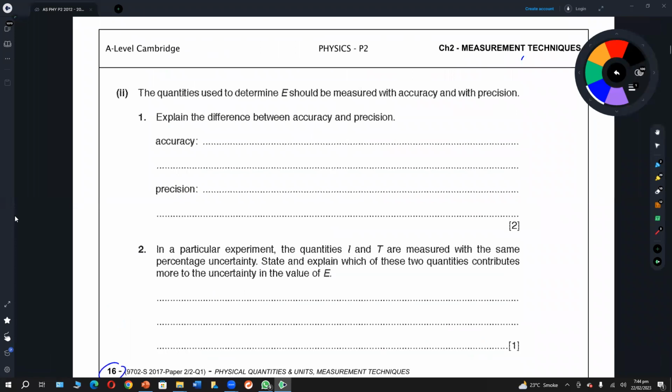The quantities used to determine E should be measured with accuracy and with precision. Explain the difference between accuracy and precision. Accuracy is the extent to which values are close to the actual true value.